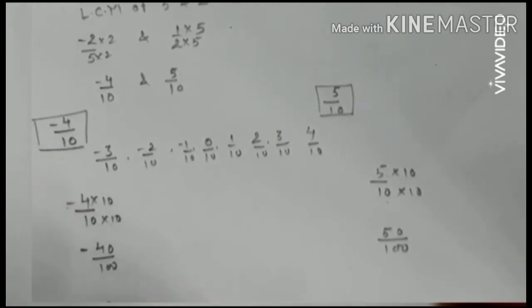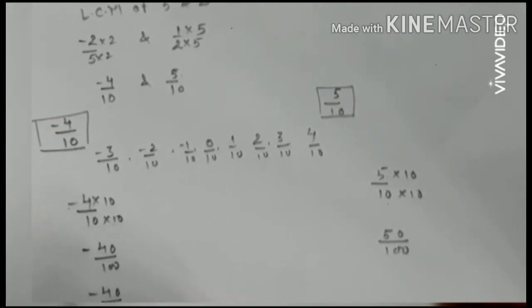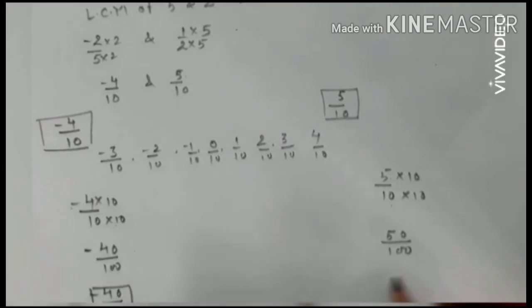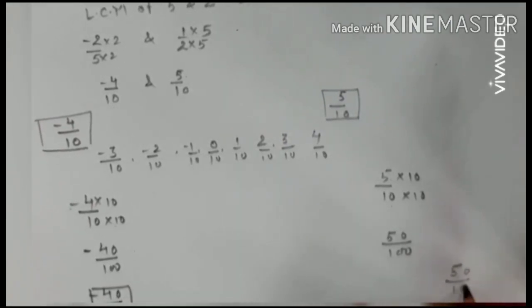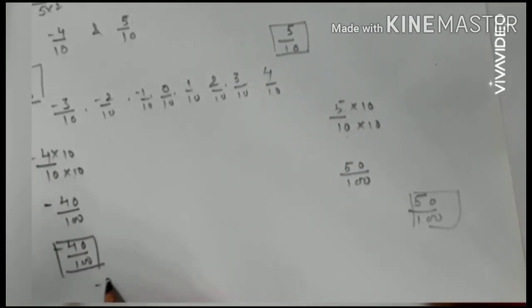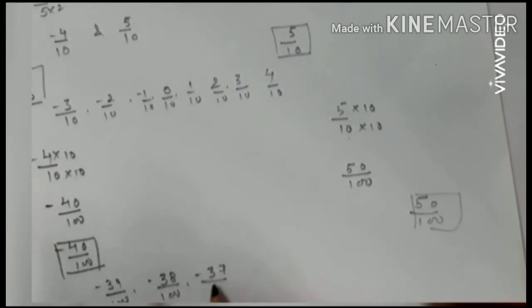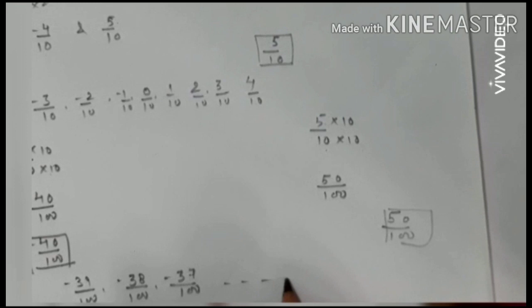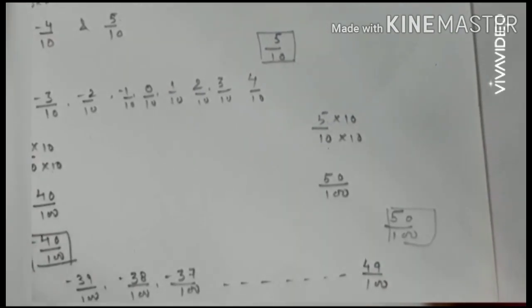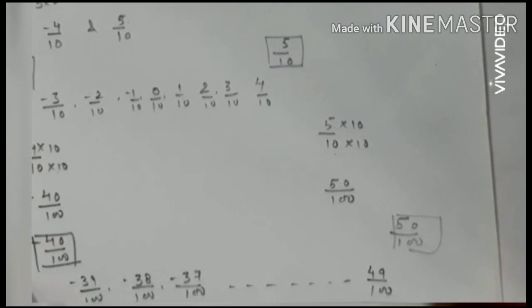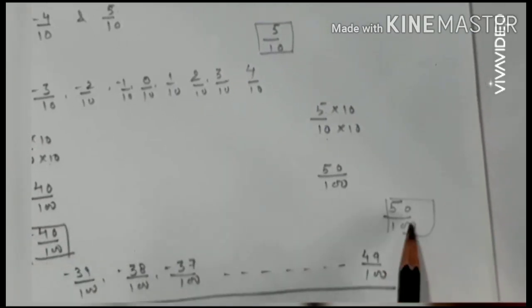Now between -40 upon 100 and 50 upon 100 there are so many numbers: -39 upon 100, -38 upon 100, -37 upon 100, and it goes on up to 49 upon 100.